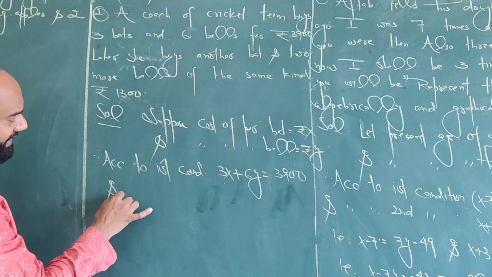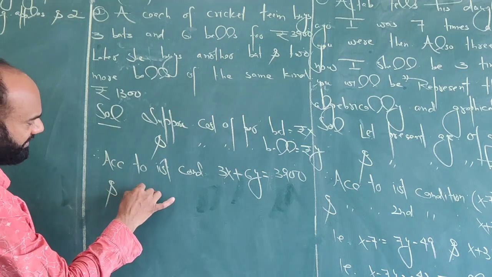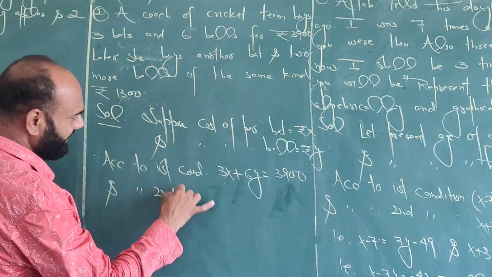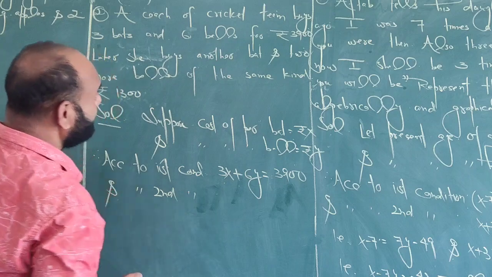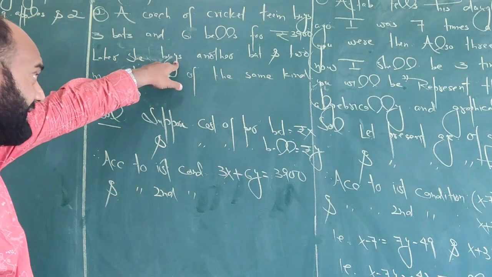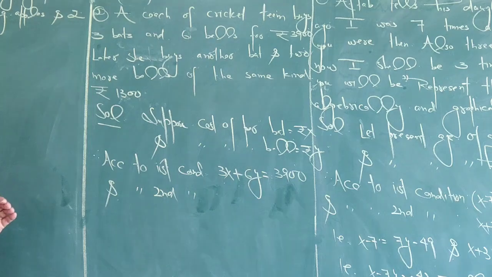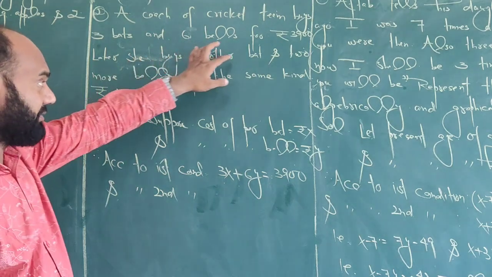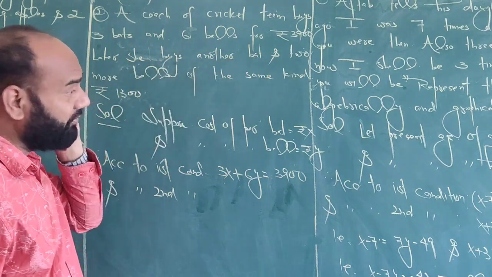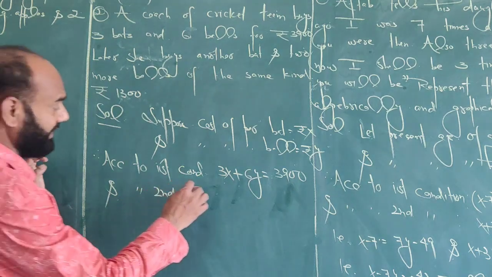Similarly, according to the second condition, next she buys another bat and 2 balls. Again the cricket coach takes 1 bat and 2 balls for ₹1,300.